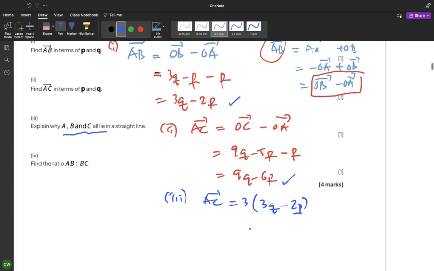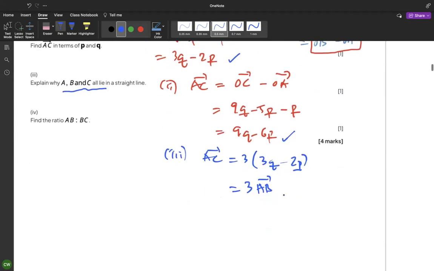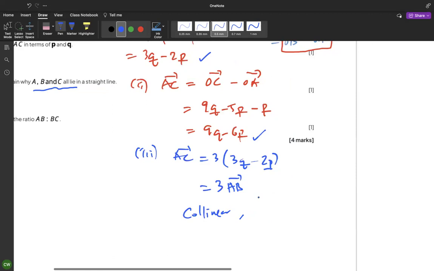So this is 3 times. When you have something like that, then we can say that ABC on the straight line. Collinear. This is concept of collinear. Collinear. So therefore, ABC are in the same straight line. They are collinear.